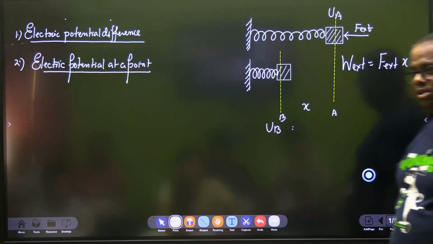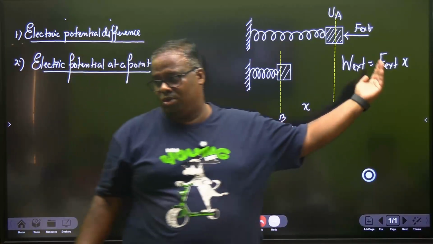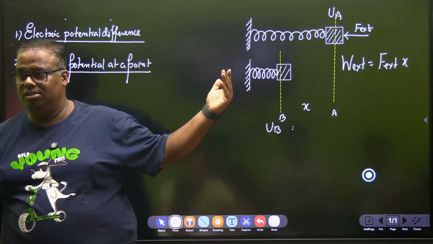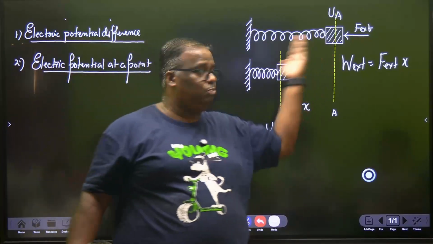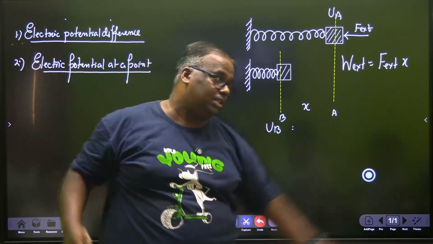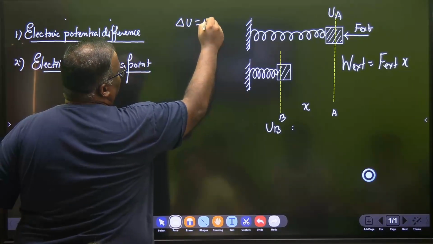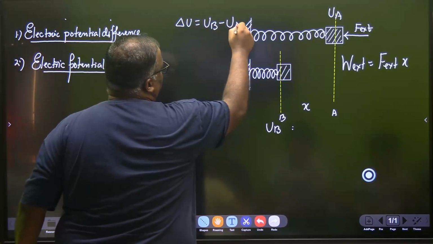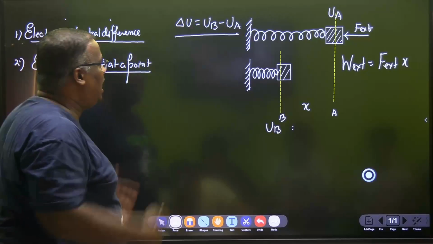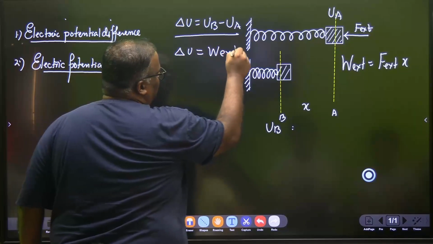So does the system gain energy or lose energy as you compress it? Gains energy. I will be sweating to push it. System gets energized. It's like a bow. So the change in energy of the system is given by final energy minus initial energy. Do you agree or not? And what is this change? This change is nothing but the external work that you did on the system.